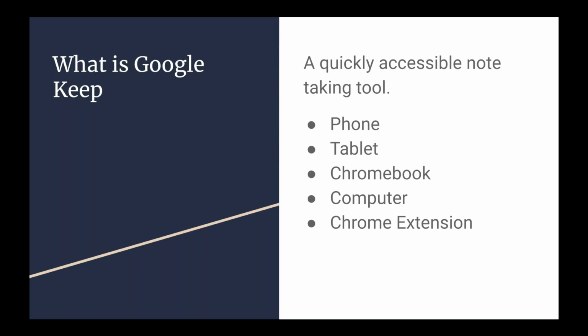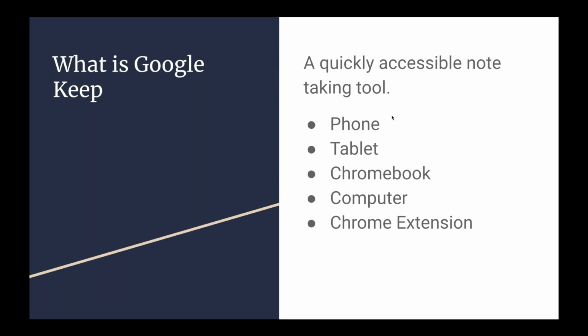Google Keep is an accessible note-taking tool, very similar to the note-taking tool you get when you buy an iPhone, where you have an application called Notes and you can put little notes in it and keep it on your phone. But this does much more than those applications can do because it integrates with all of the other Google applications, and that's what makes it so remarkable.